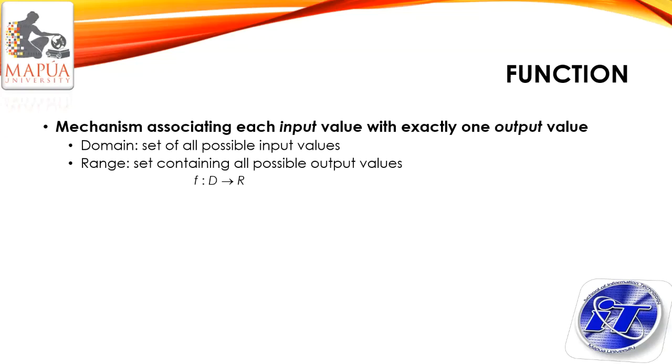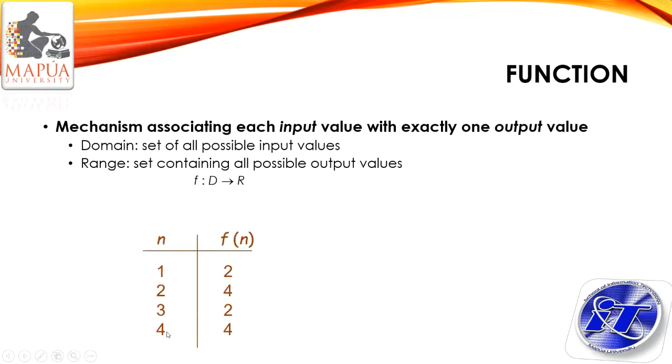This function is a rule to define that relationship. The first set, wherein we get the input for that function, we call the domain. The set containing all possible output values, the second set, is called the range. So for example, we have this n.